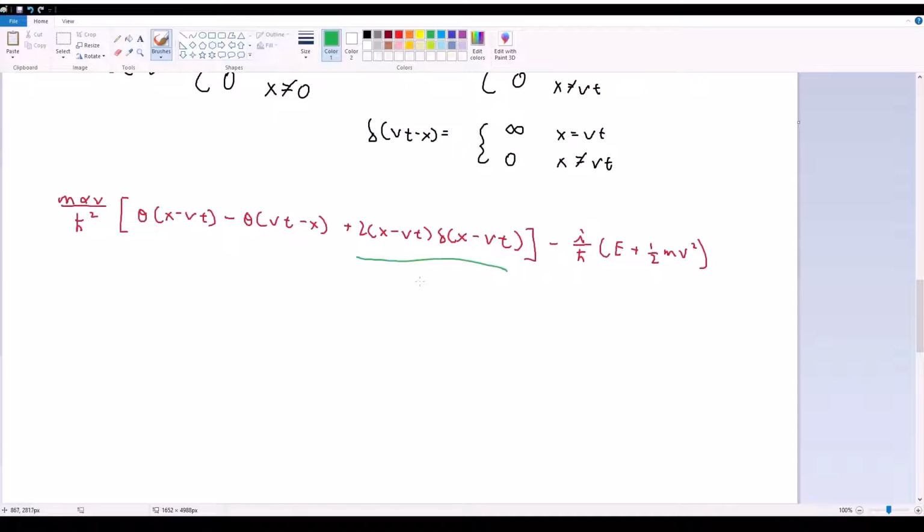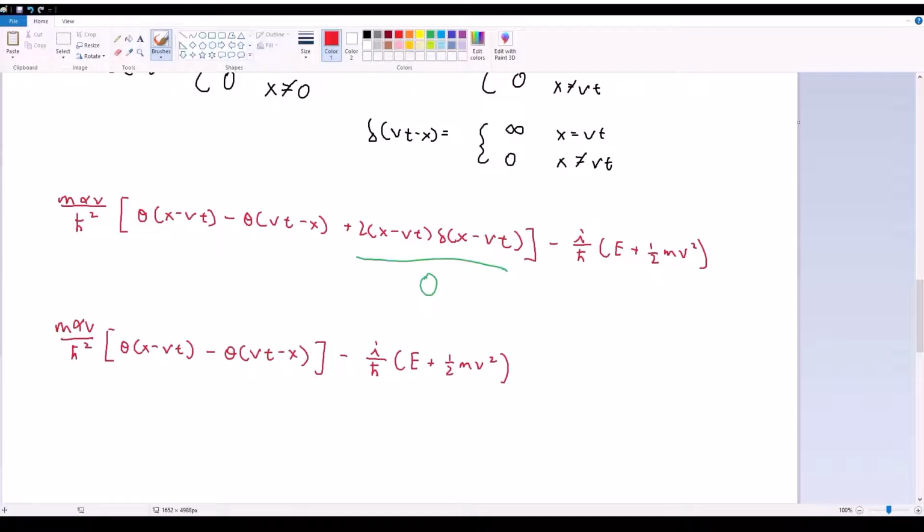So this expression, no matter what, is always equal to 0, and it doesn't matter, so we can just exclude it, which gives us a final derivative expression: m alpha v over h bar squared times theta of x minus vt minus theta of vt minus x. And this is going to be subtracted by i over h bar times e plus 1/2 mv squared.